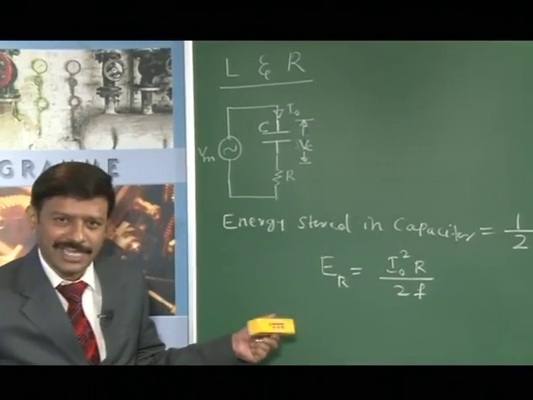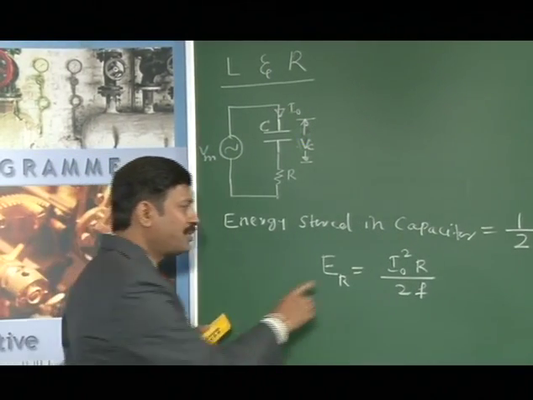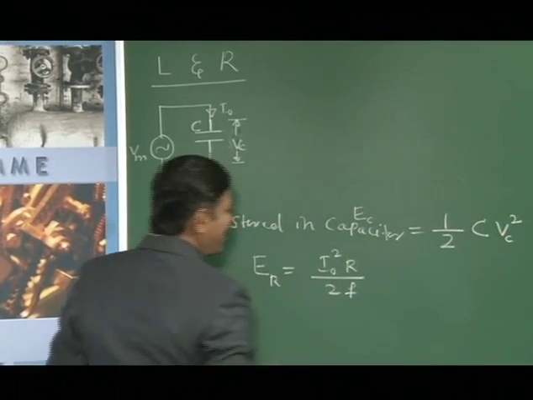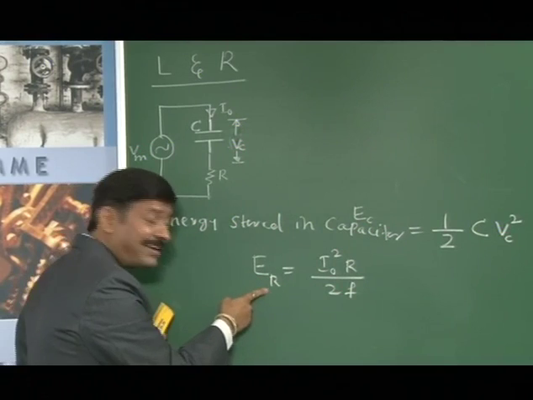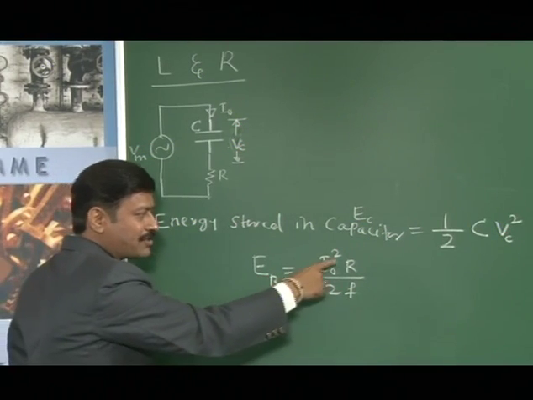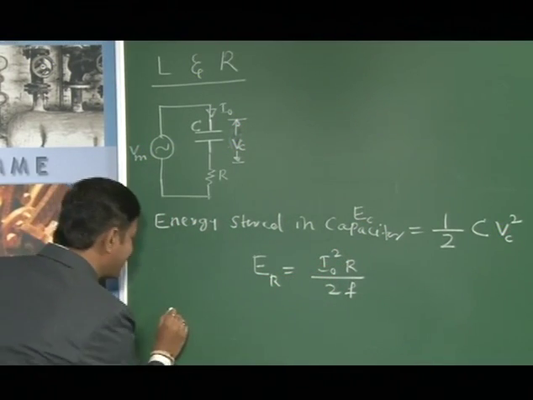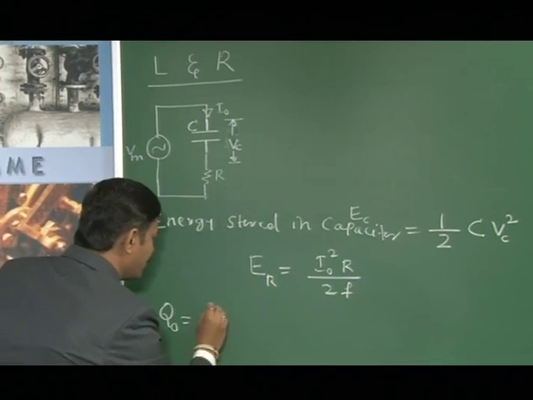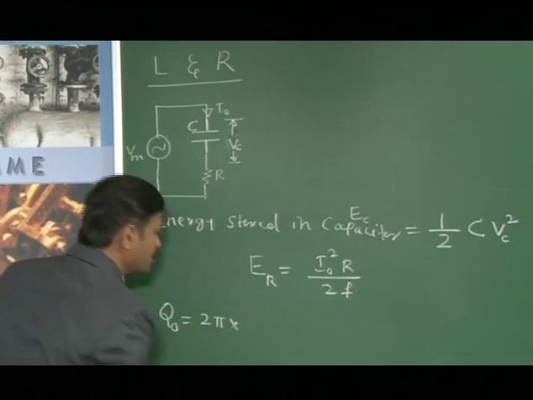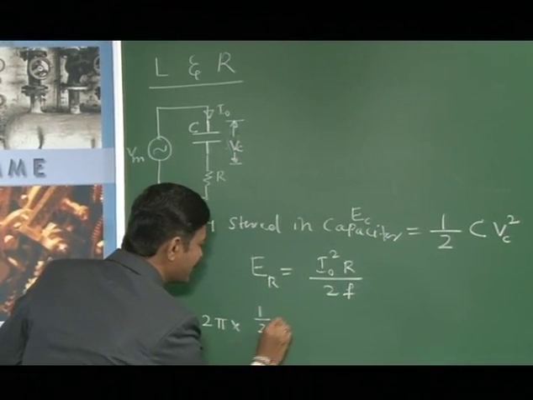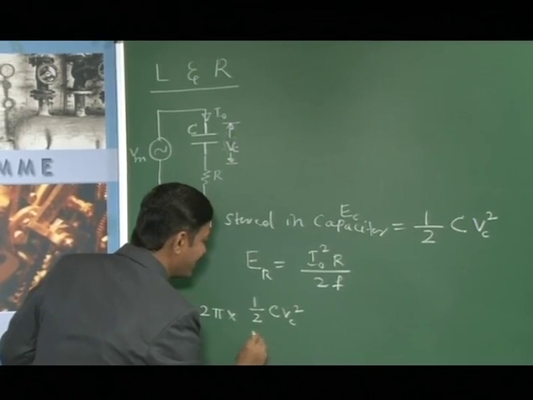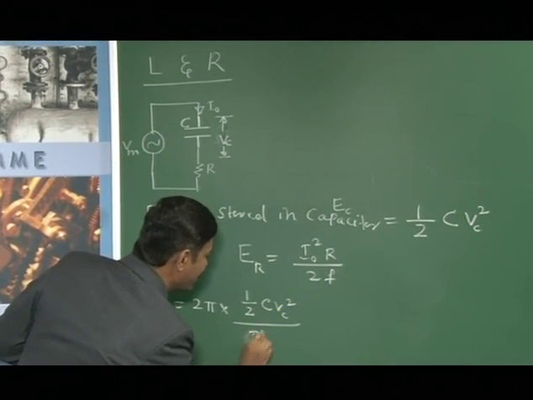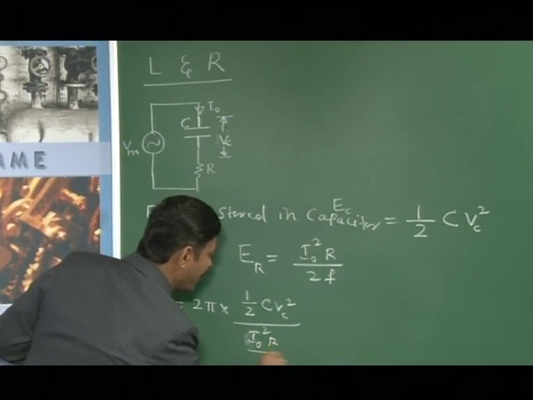Substitute these two, the energy stored in capacitor EC and the energy dissipated in the resistor I naught square R by 2F, in the Q naught expression. So 2 pi into half C Vc square divided by half I naught square R by 2F.